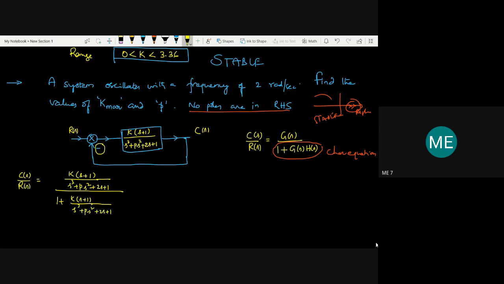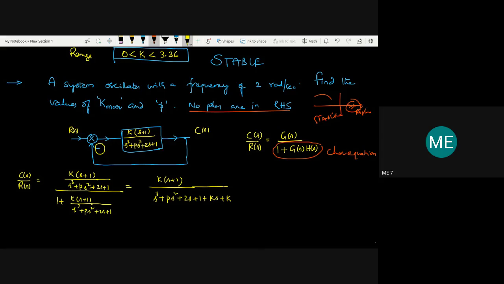So that is nothing but the closed loop transfer function. If I cancel out the denominators in the numerator as well as the denominator, I will get k into (s plus 1) divided by s cube plus ps square plus 2s plus 1 plus ks plus k. So this is the thing which you have got.